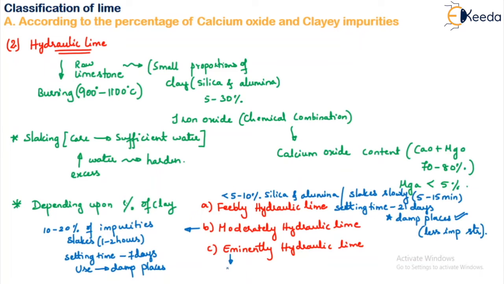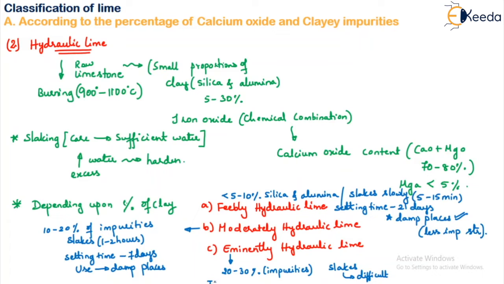And finally, the eminently hydraulic lime. So here the clay impurities are around 20 to 30%, and it slakes very, very slowly. Slaking is basically very difficult.